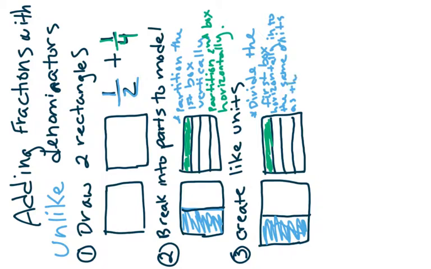Okay, as the second box, which means I'm going to pick up my color and I'm going to show fourths, because there's 1, 2, 3, 4 units in the second box. All right, then you're going to partition the second box vertically like the first box.